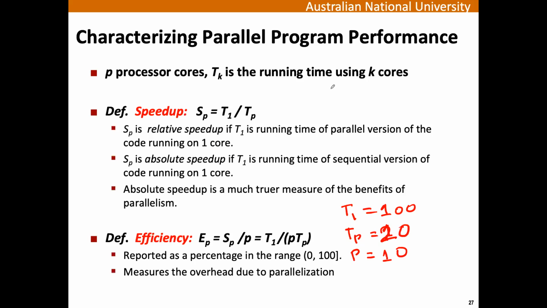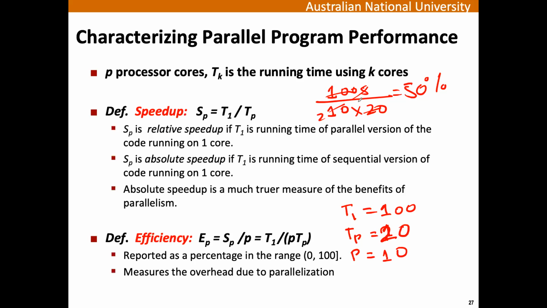So 100 divided by 10 multiplied by 20. So sorry, I'm slow. I need a computer to solve this. So the efficiency here is 50%, right? So this is one way to reason about it. You're working at 50% capacity, or 50% is your efficiency, right?